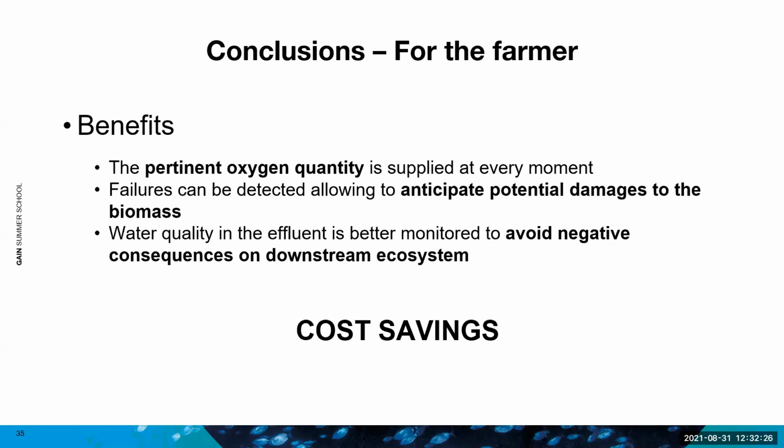And also the water quality in the effluent could be very interesting for the farmer to avoid negative consequences on downstream ecosystems. You know that the rules are always more important for aquaculture farms, and it's a good point. But I think we have to help farmers by giving them some indicators, some tools in order to be better able to respect the regulation that they face.